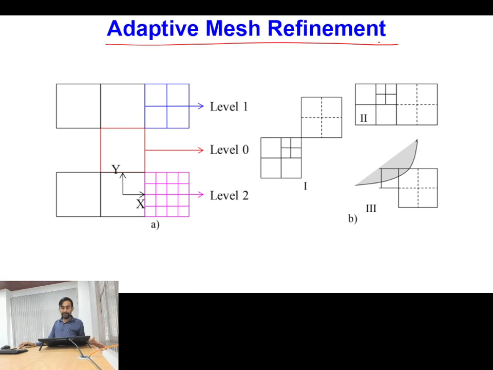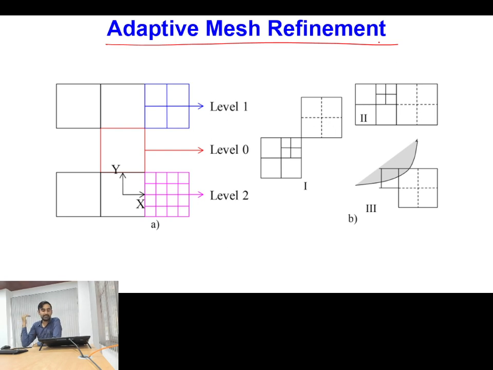The meaning of adaptive mesh refinement is that only the cells which contain the interface will be refined with smaller size grid, and away from the zone of interface we can have coarse sized grid. At a single instant you can do this, but the interface will be changing with time, so it will be changing its spatial location.